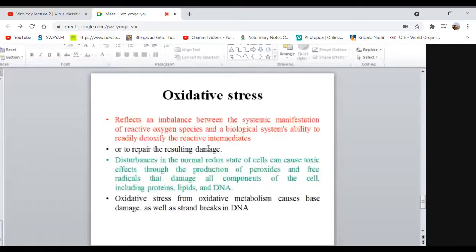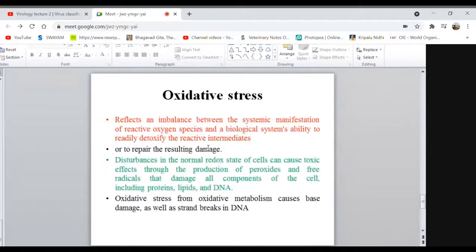The production of peroxide, peroxyl radical, hydrogen peroxide, superoxide, hydroxyl radical, these are also free radicals that damage all the components of the cells, including important biomolecules: proteins, lipids, DNA. These free radicals or reactive oxygen species are highly harmful to our body.